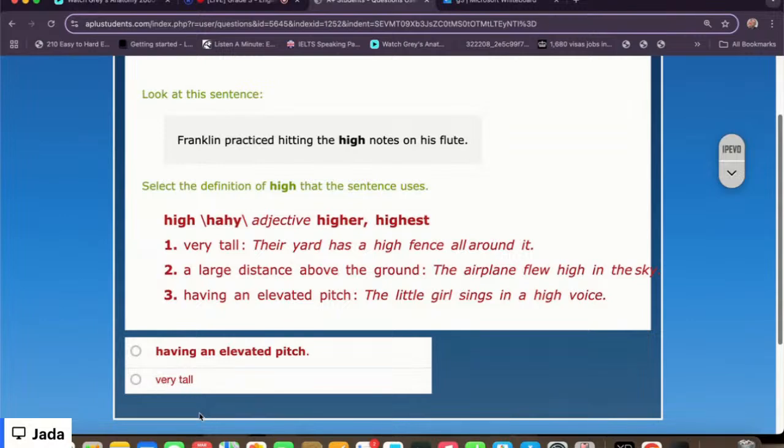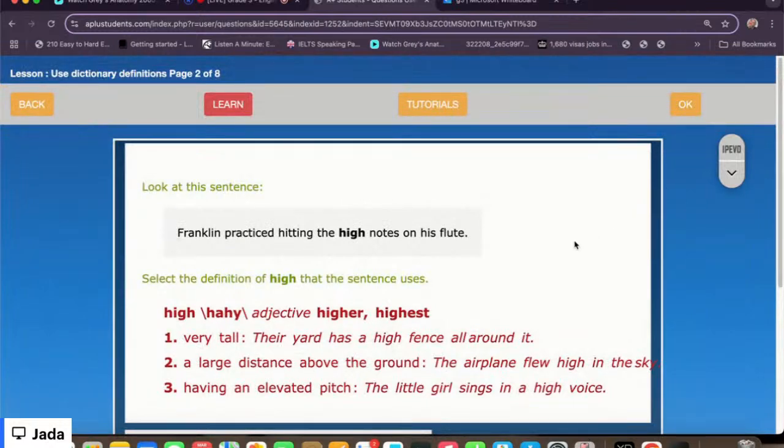So, which of them is correct? So, having an elevated pitch.